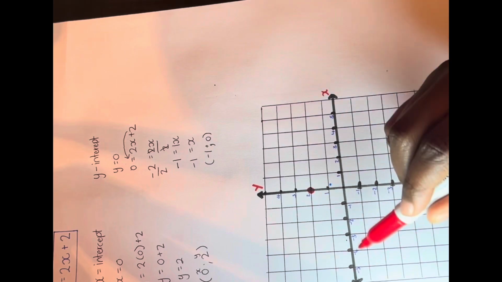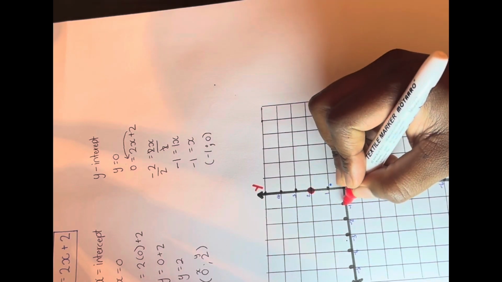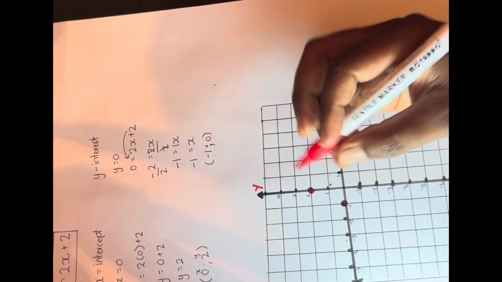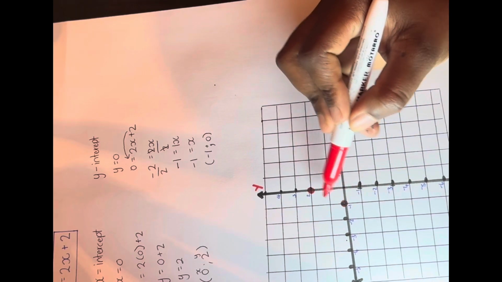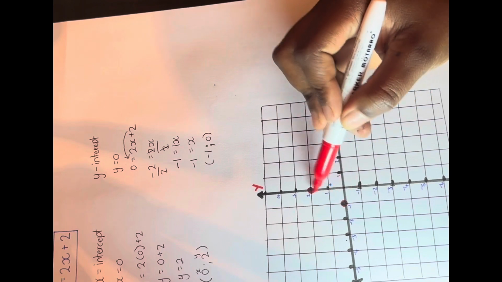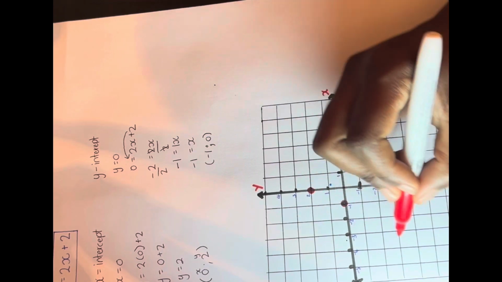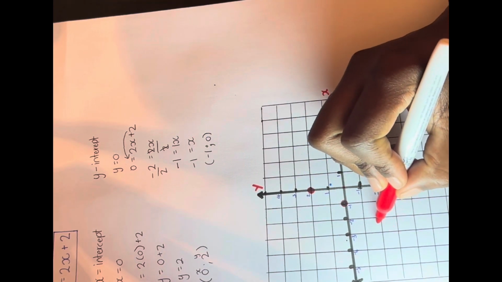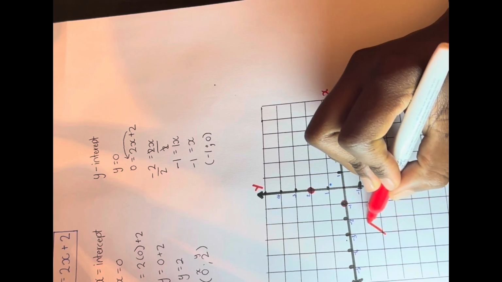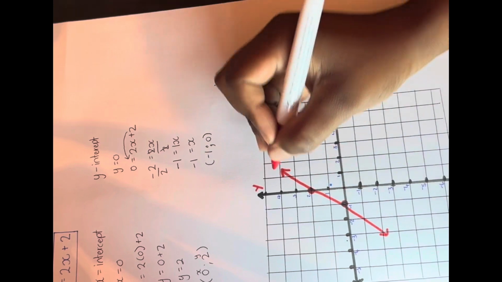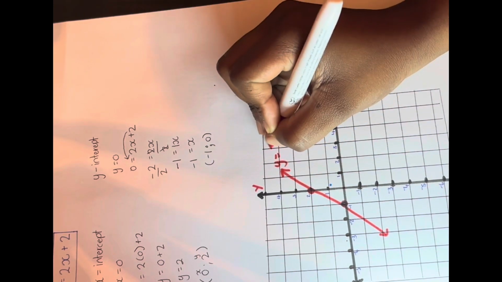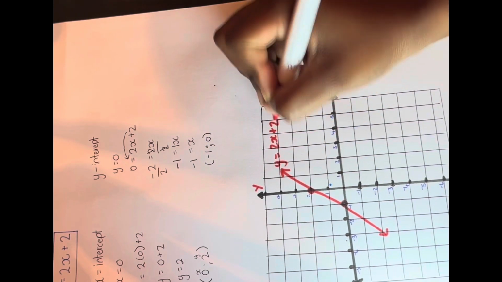Remember, this is the y-axis and this is the x-axis. These are the 2 points that the graph has, and they need to meet one another in order for us to plot the graph. So we just draw a line like that, and this is y equals 2x plus 2.